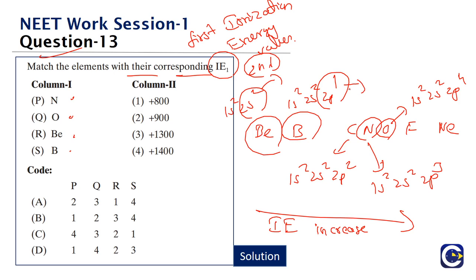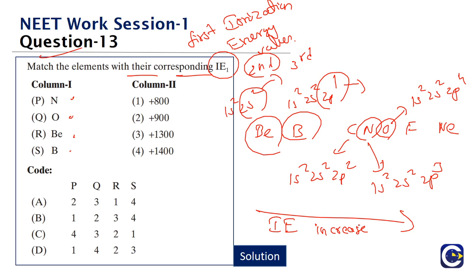So generally when we move from the second group to the third group, we should expect that ionization energy will increase. But when we talk about beryllium and boron, beryllium has a 2s2 structure, with the s subshell filled, whereas boron has a lone electron in the 2p, which is easy to remove.